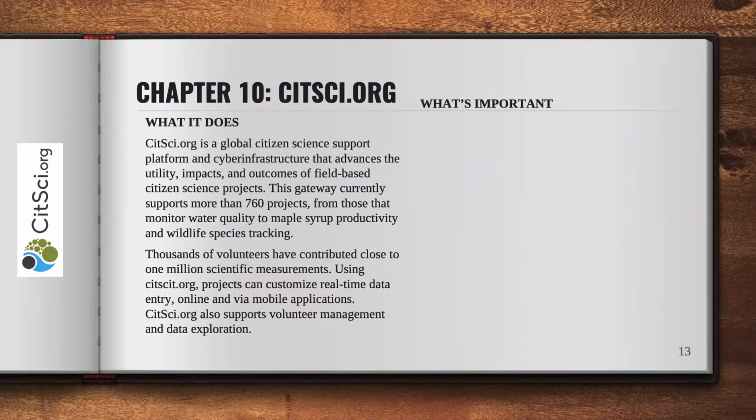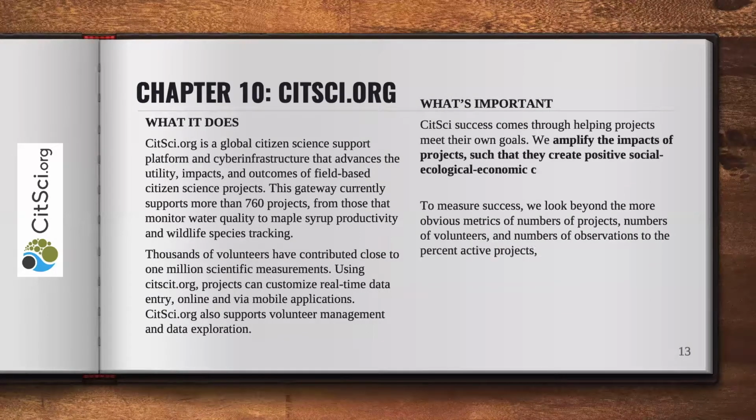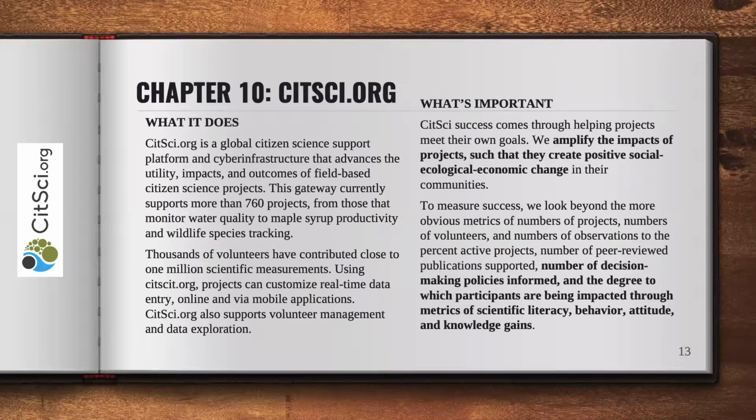And some of the things that they look at is, because they provide this platform for all these projects to use, and they house all the data, they know how active a citizen science project is. So they know how many observations are being made, how many people are using a particular citizen science gateway. But what they wanted to understand, so that's one measure of success, obviously. If there's nothing happening there, there are problems.